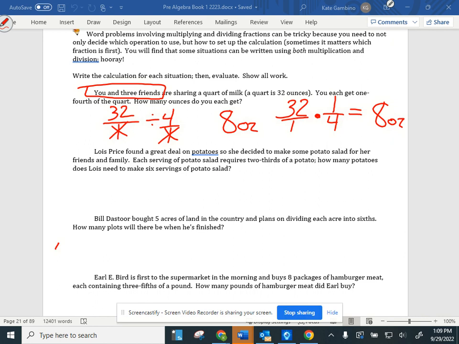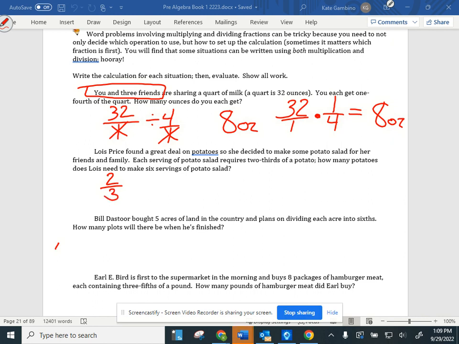What do you think, James? Okay, so I think we should divide 2/3 and divide by 6.